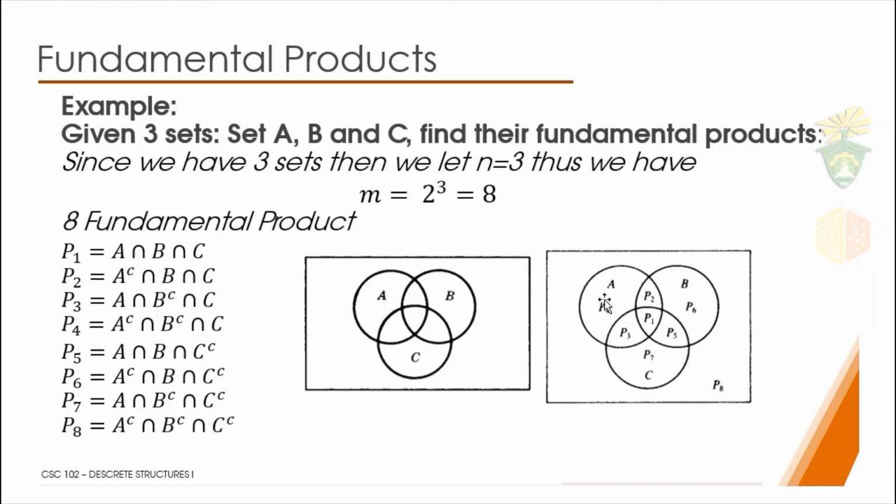If we draw this in a Venn diagram, we will have this. As you can see, all the fundamental products are disjoint, and all of these fundamental products when unioned should be the elements of the set U. So that is what the fundamental product does.